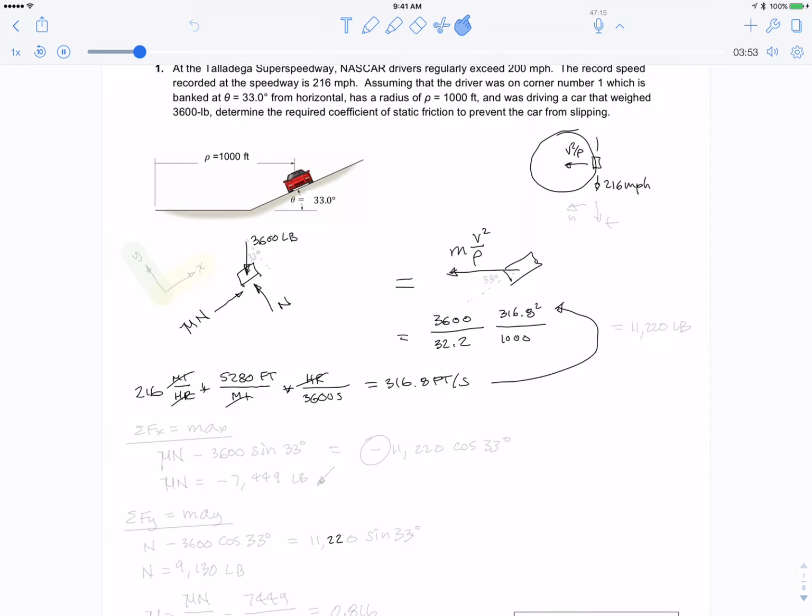Okay, and I'm going to just multiply that all out. So, 316.8, let's square that, divided by 1,000, divided by 32.2, and multiplied by 3,600. That's 11,220 pounds.